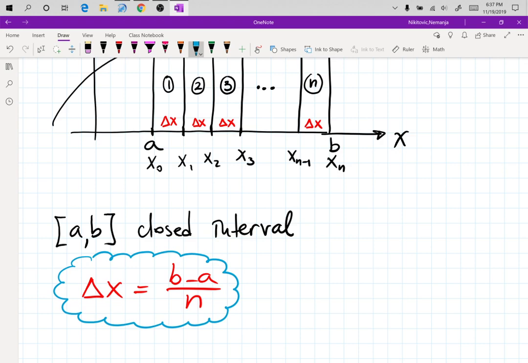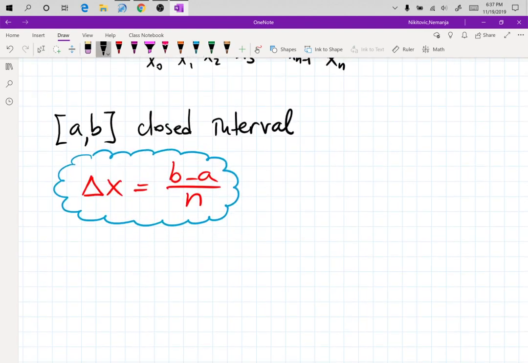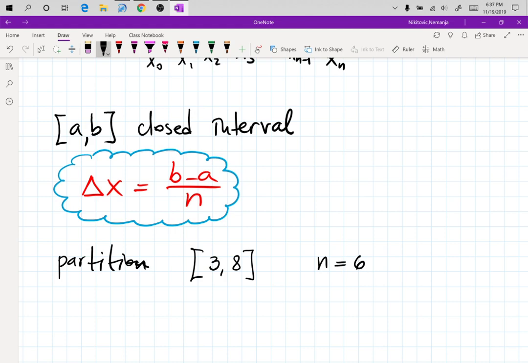See, your partition doesn't have to be 0, 1, 2, 3, 4. You can have literally anything. So let's say your partition is on the interval, let's say, 3 to 8, and you have 6 rectangles.